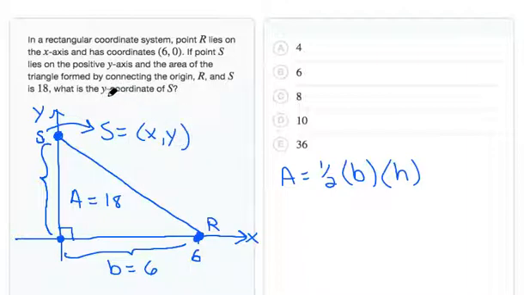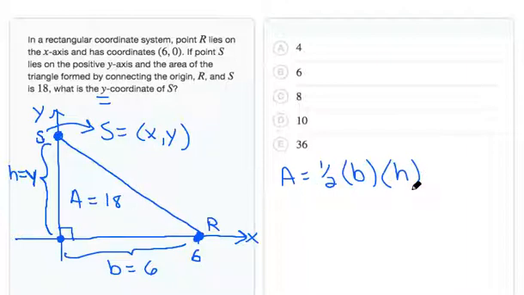We're essentially looking for the y value of S. The height here represents that y value. So if we can find that y, then we'd be able to answer the question.